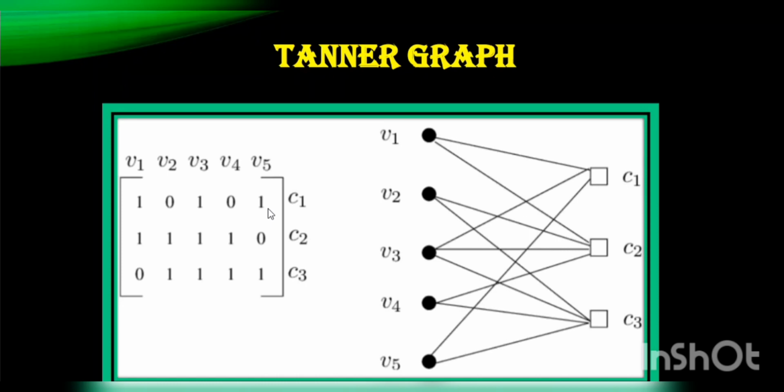For example, suppose that this parity check matrix is given and we want to draw its Tanner graph representation. Notice that the subcode and digit nodes also have other names, check nodes and variable nodes respectively.